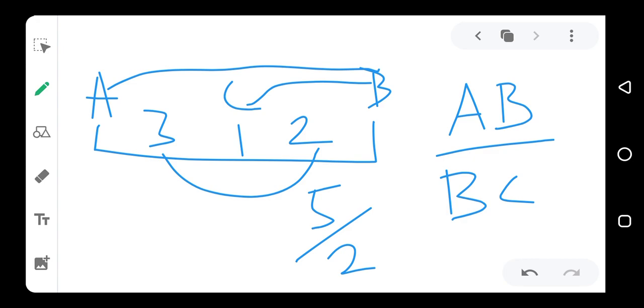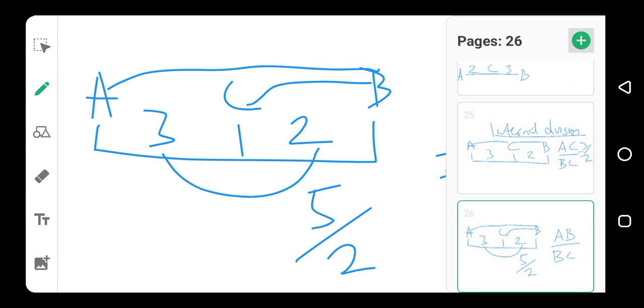Now let's establish the formula for division of a line in a given ratio. Let's consider this graph.